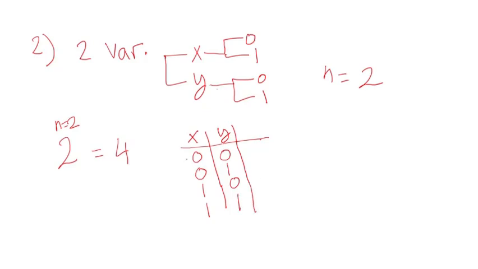So I have 1, 2, 3, 4. Those are all the possible combinations if you have two variables. That's 4, so that's how I calculated 4.